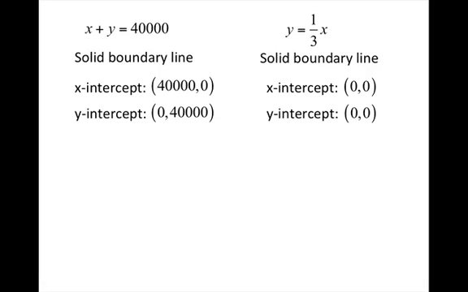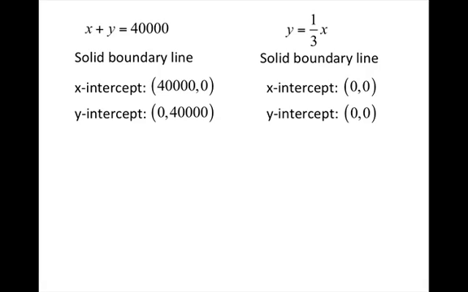So since my intercepts are the same, I need a second point. So I'm going to let x or y be any value. In this case, I'm going to plug a number in for x since it has a 1/3 in front of it. That number that I plug in for x, I'm going to make it be a multiple of 3. That way when I multiply it by 1/3, I'm not going to be left with a fraction.